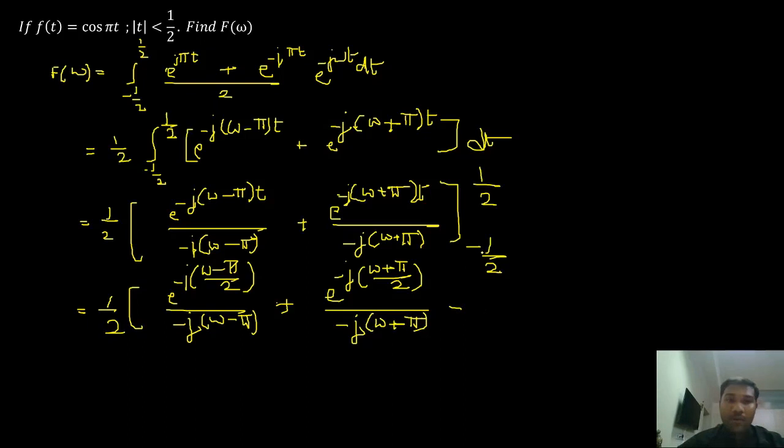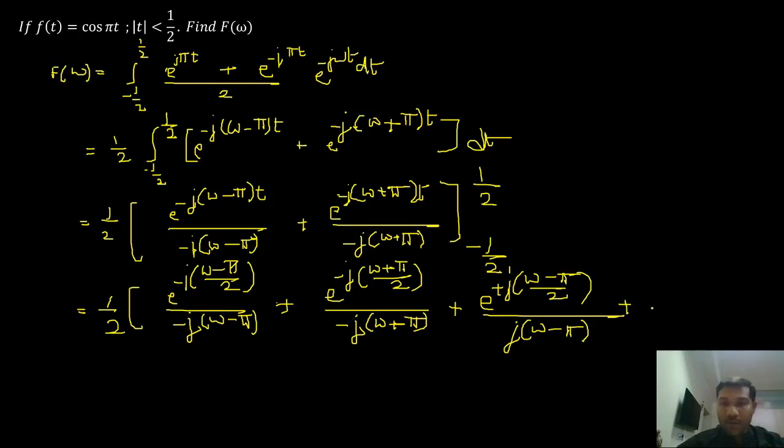Now I'll put minus 1 by 2 in place of t, so this becomes plus e power plus j omega minus pi by 2 divided by j omega minus pi into something.